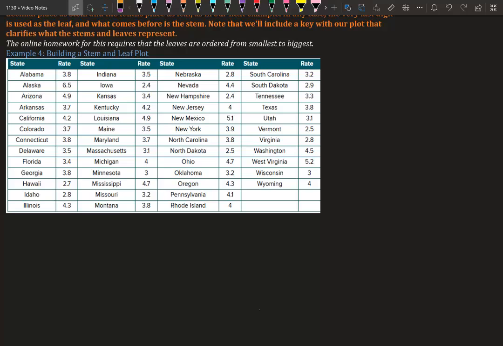Alright, so we have all our states, just different values again. So let's look at all of the first digits. If we look at all of the first digits, we have 3, 6, 4, 3, 4, 3, 3, 3, 3, 2, 4, 3, 4. So you can see all the first numbers.